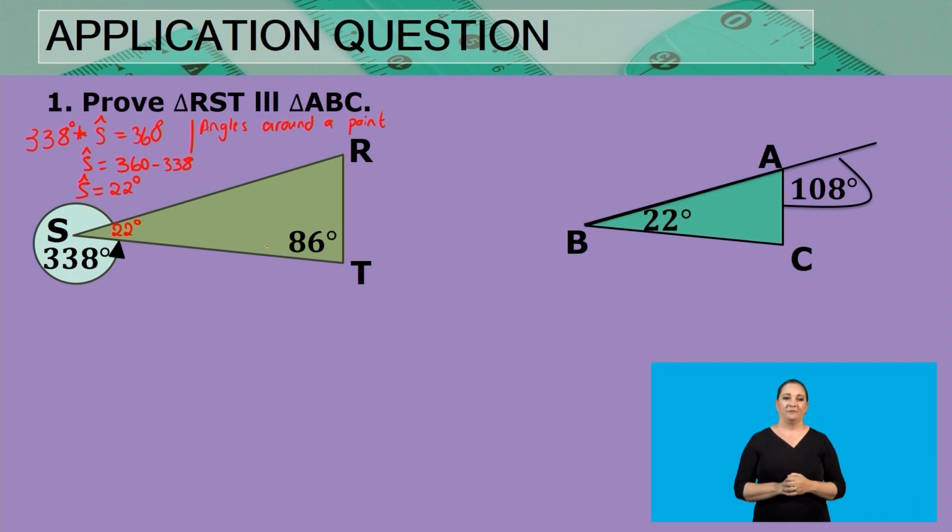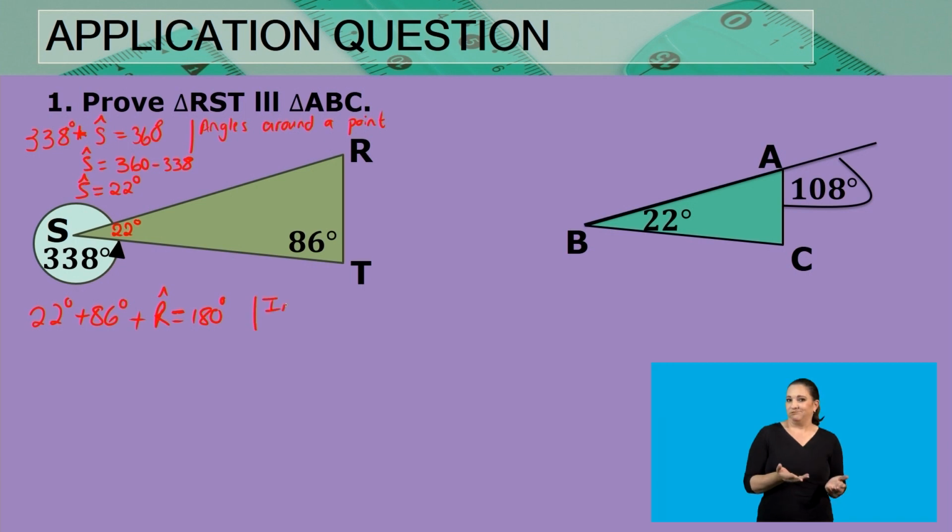Then we do have a given angle of 86 degrees, so we just need to find our third angle, which is angle R. So that would be 22 degrees plus 86 degrees plus angle R, and that is equal to 180 degrees. Now, what is our reason for saying that? It's because these three angles are the interior angles of a triangle, and the interior angles of a triangle are supplementary.